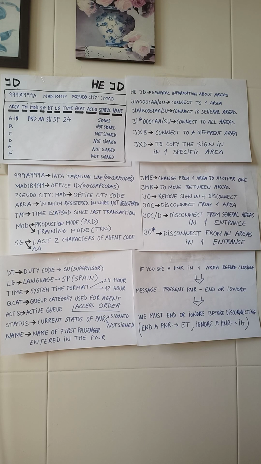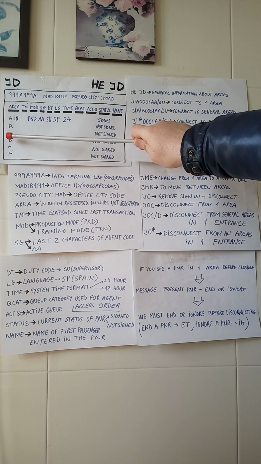The status heading, this one and this one, refers to the current PNR status in that area. It can be signed or unsigned. In this case, it's signed because we are signed. In the others, not signed.